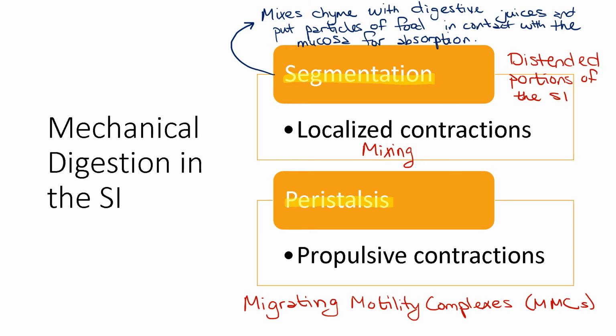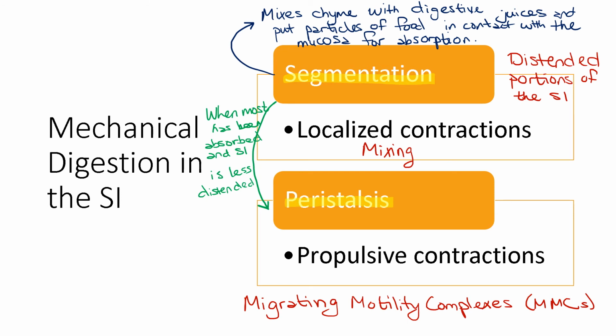So when most has been absorbed and the small intestine, SI, is less distended, then segmentation ends, peristalsis begins.